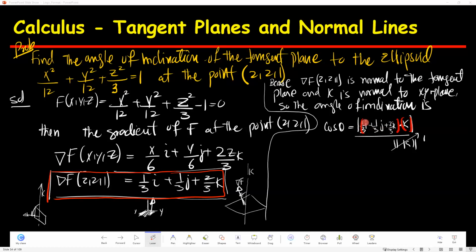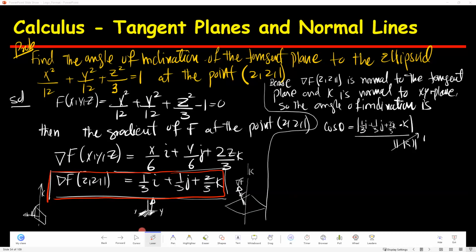When you multiply i times k, because the angle between the two is 90 degrees, and cos 90 is 0, this term becomes 0. For this one and that one, k times k terms are the only thing left over. The rest of them disappear because the unit vectors i times j, i times k, and j times k everything becomes 0 except the similar ones, like k times k, which will be left over.